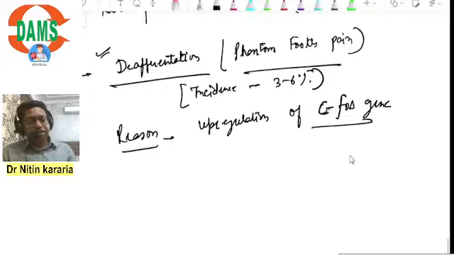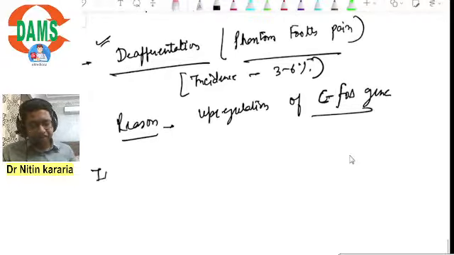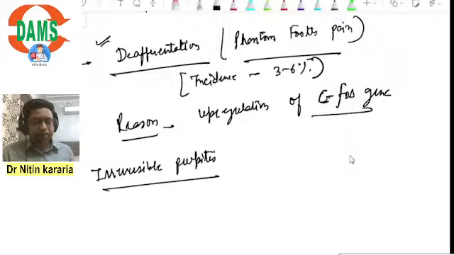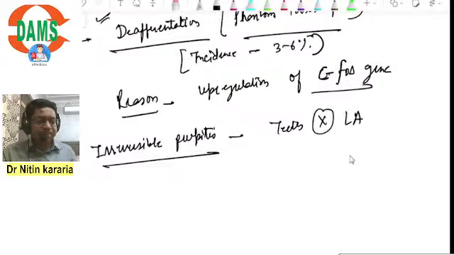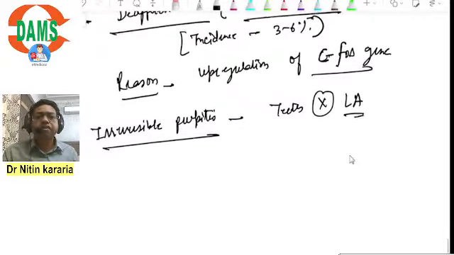Okay. Sometimes, because of cases of irreversible pulpitis, the teeth do not get numb with local anesthetic. LA stands for local anesthetic. In cases of irreversible pulpitis, or we can say symptomatic irreversible pulpitis, the local anesthetics fail to act on the teeth.